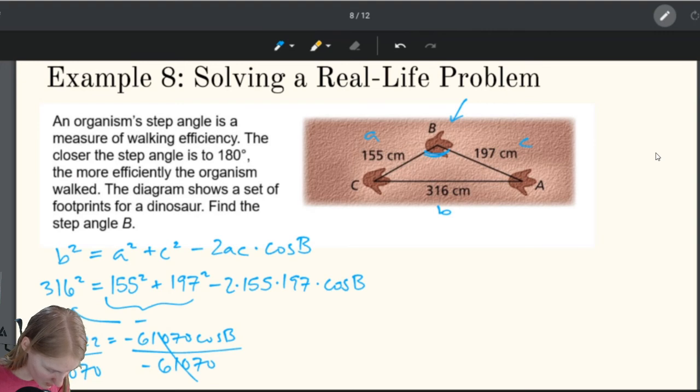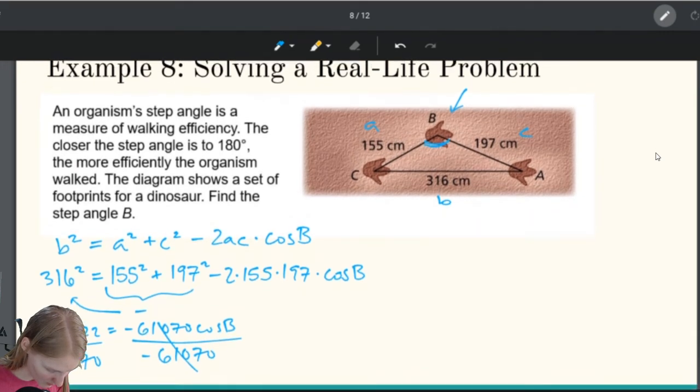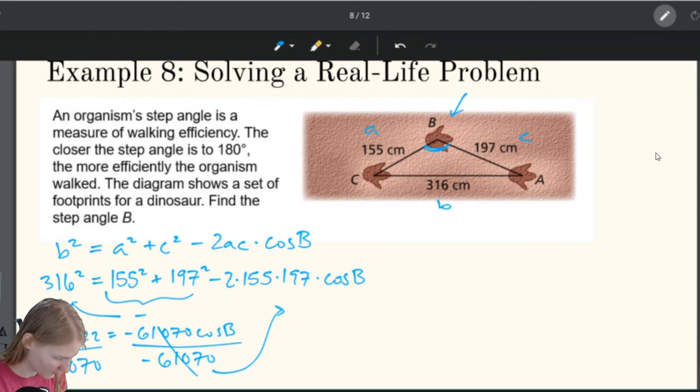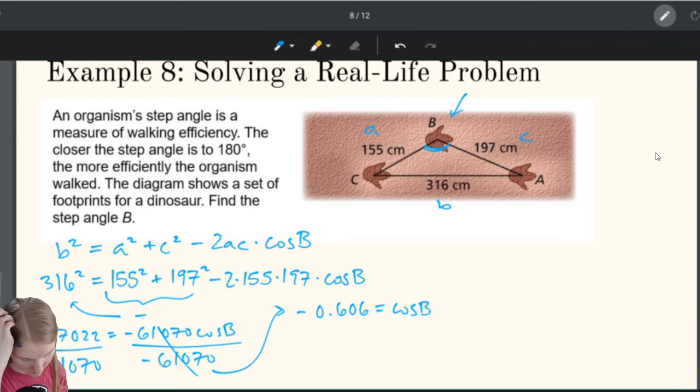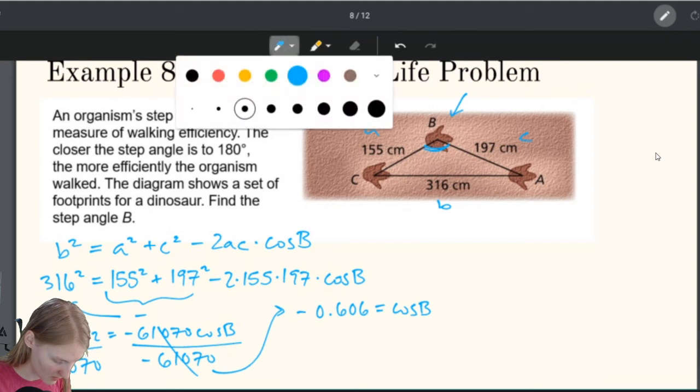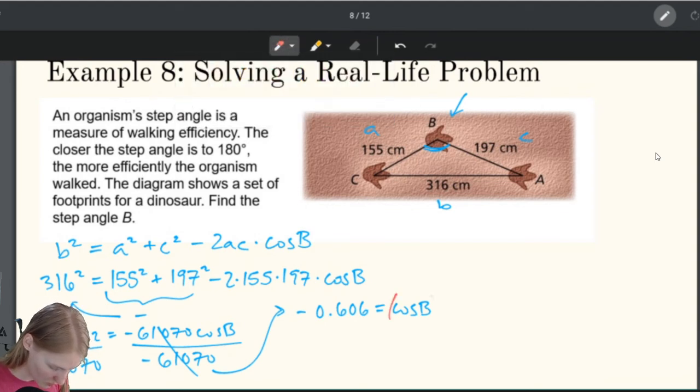Those cancel out, and now, out of space, we're going to bring that up here. 37,022 divided by negative 61,070 is negative 0.606 and so on, equals cosine of B. And now, as usual, when we're looking for an angle, we're going to go cosine inverse.